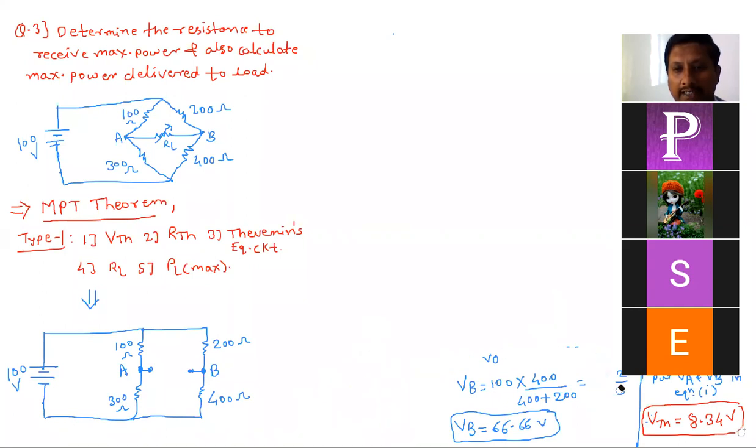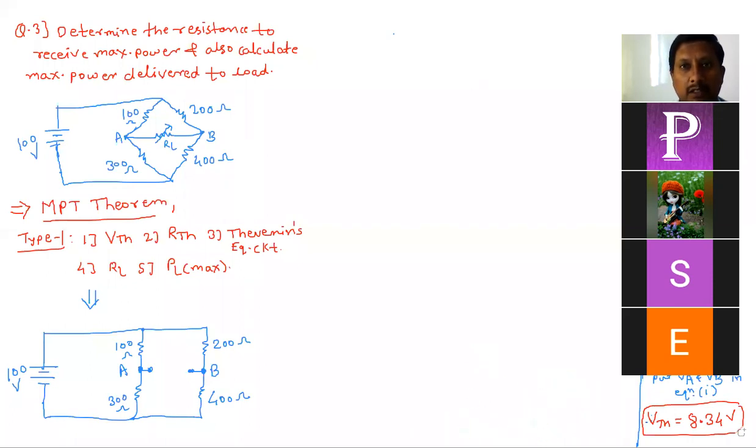Okay, so RTH is somewhat difficult here in this case. Already we have solved such an example, but still we can discuss it. So second point, RTH. Many times we have to make modifications in the circuit. So the voltage source is shorted, short circuit.